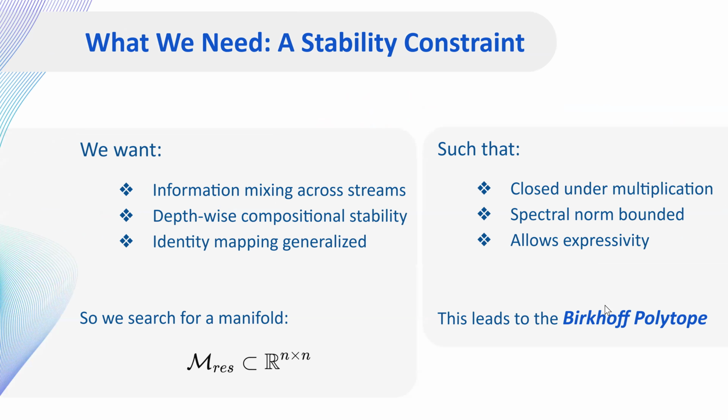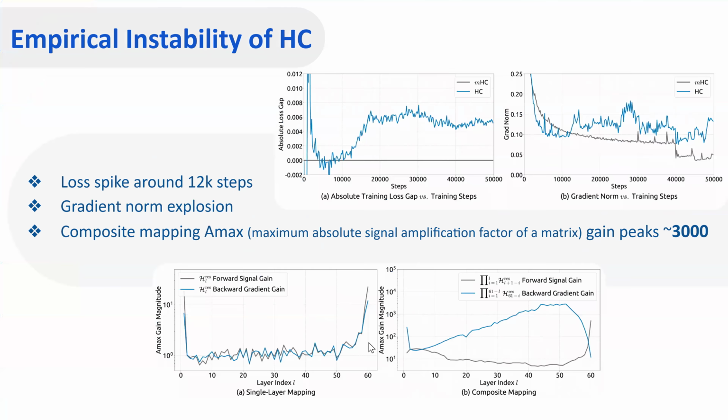So how do we want to solve this problem? Firstly, we want something that does actual information mixing across streams, like is happening in hyperconnections, and we need depth-wise compositional stability when we stack layers on top of each other. If I show you here, in a single layer we don't have any Amax change.